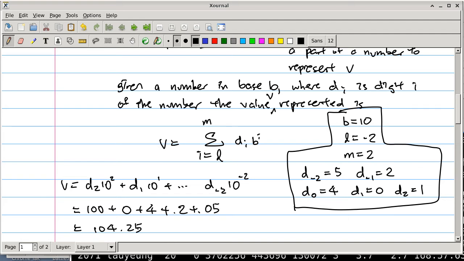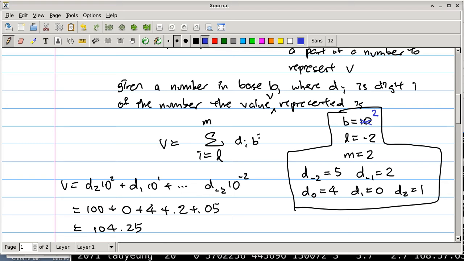So I want everything to add up to just 104.25, but I'm changing the b to a 2. Let me mark this up exactly how I want to do it, and then we'll figure out how to do it. The big change is I'm going to start with this and say, let's not do base 10, let's do base 2. So when you do base 2, then the m and l probably have to change.